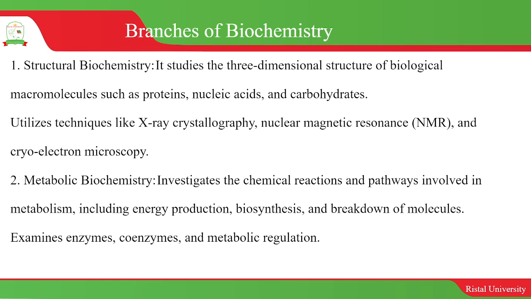The branch of biochemistry that deals with that is what we call metabolic biochemistry. So we are looking at metabolic reactions or metabolic pathways, which are basically chemical reactions taking place within the body that involve a number of substrates, a number of enzymes, in different parts of the body, in different parts of the cells.